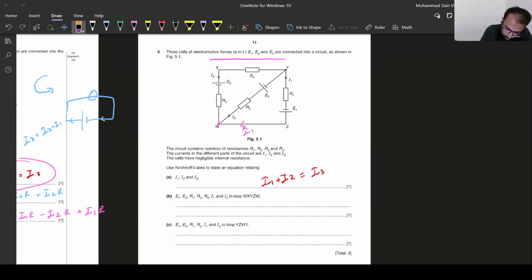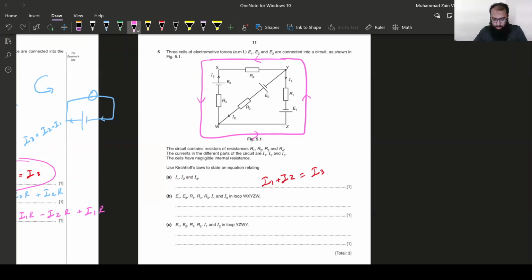I'll erase this part. Okay, so this is the outer loop.